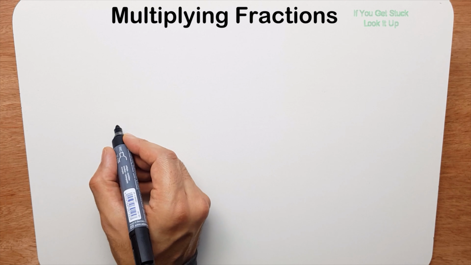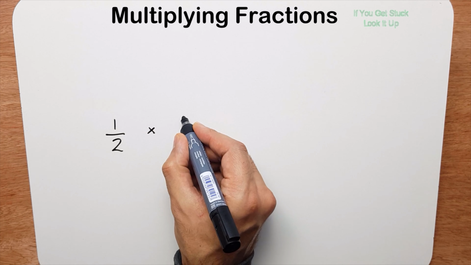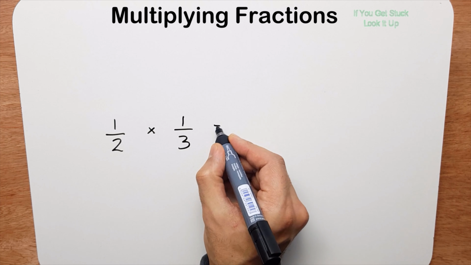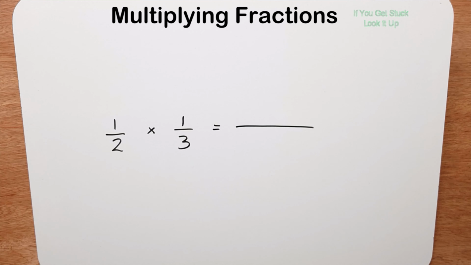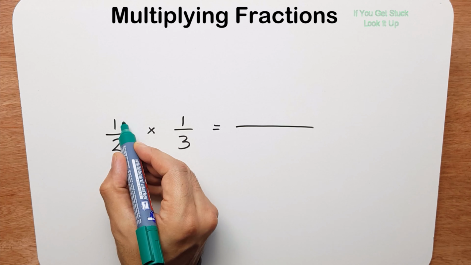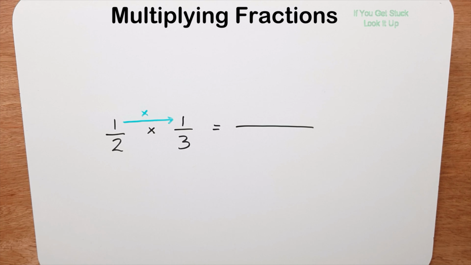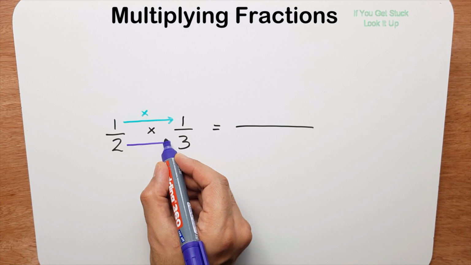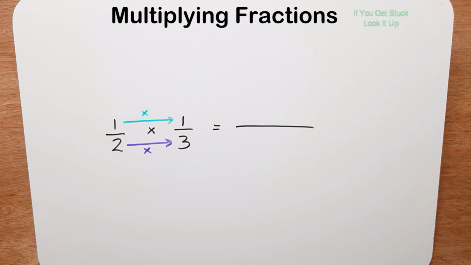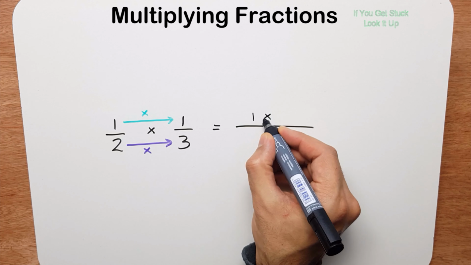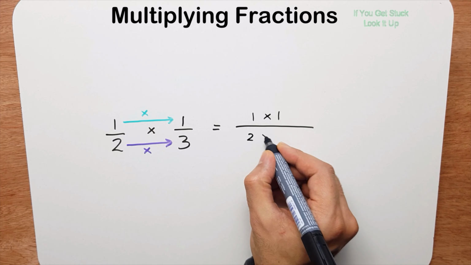The second example is 1/2 times 1/3. There's your fraction line. And as before, you multiply straight across, multiply the top numbers, and multiply straight across at the bottom, multiply the bottom numbers. 1 times 1 and 2 times 3.